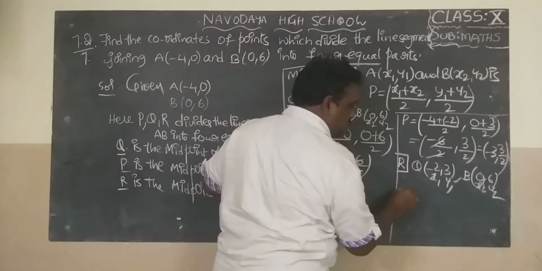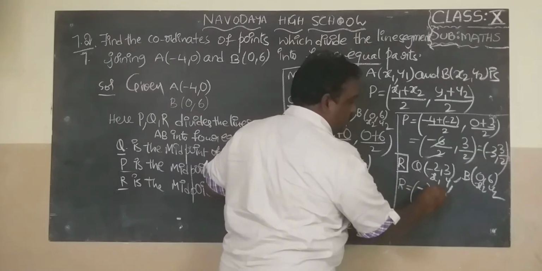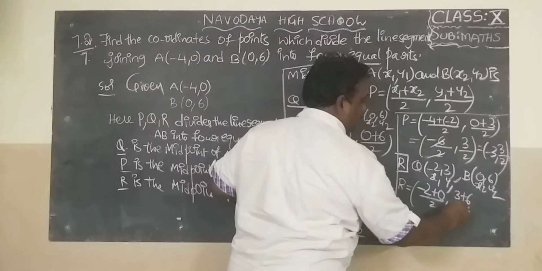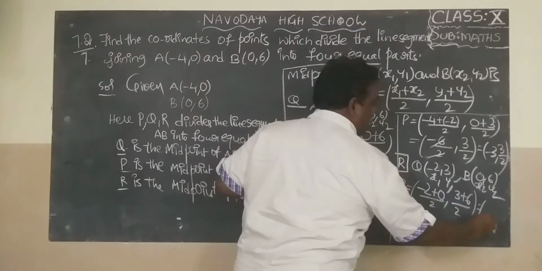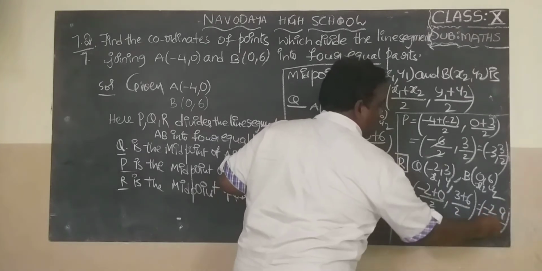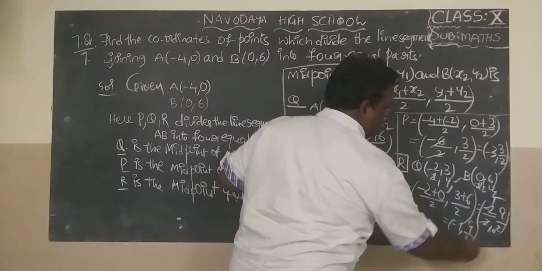Then substitute: R equal to minus 2 plus 0 by 2, 3 plus 6 by 2. Then minus 2 by 2, 9 by 2. So minus 1 comma 9 by 2.